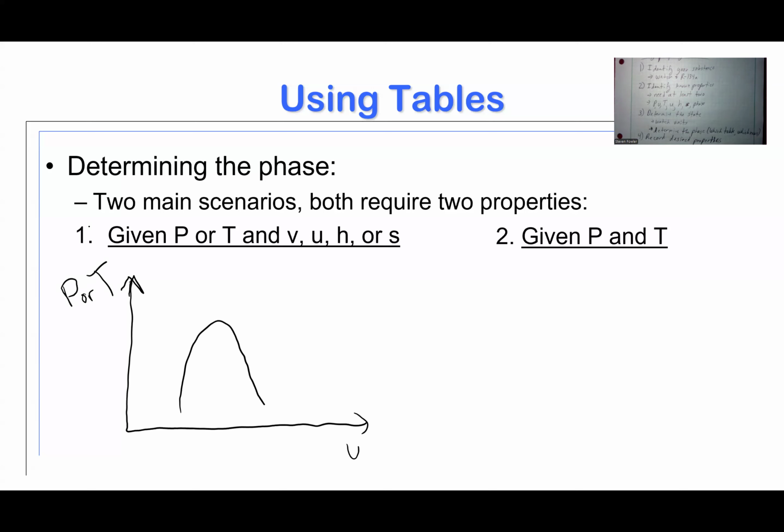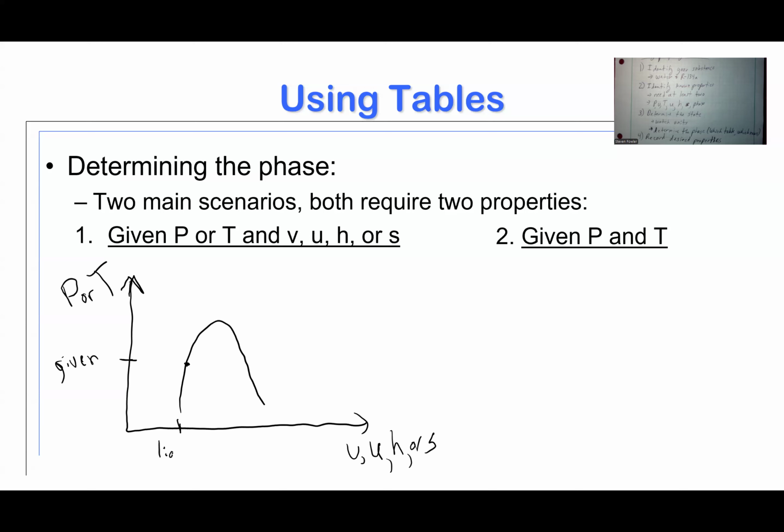And the neat thing is, I could put V, U, H, or S down here on this x-axis, and the diagram looks almost the same. There's some variation between the different properties, but for the most part, it looks the same, and mechanically it works the same.